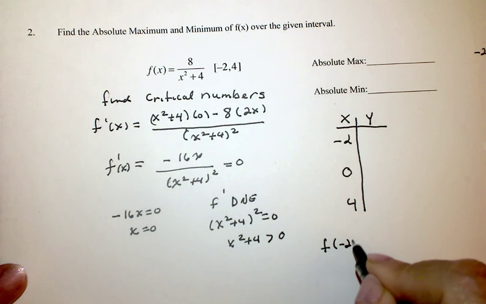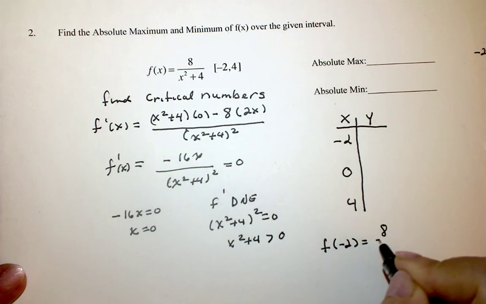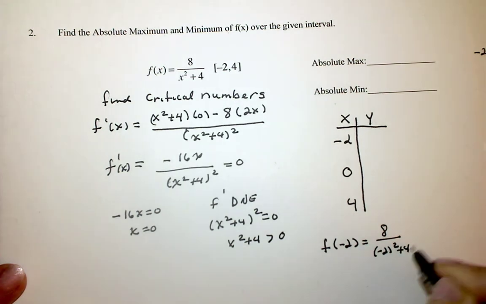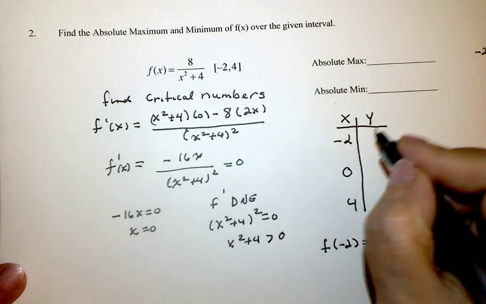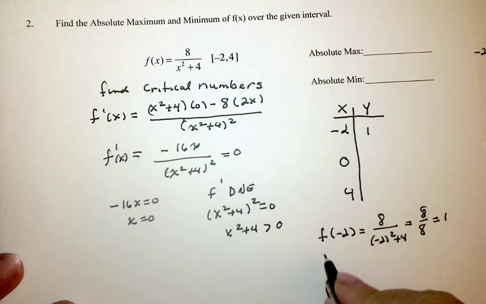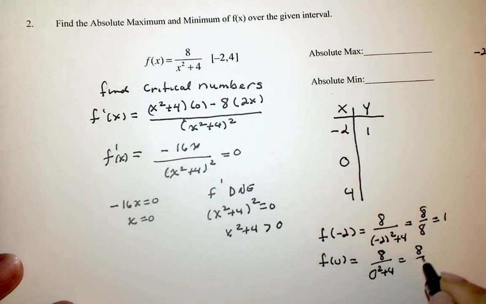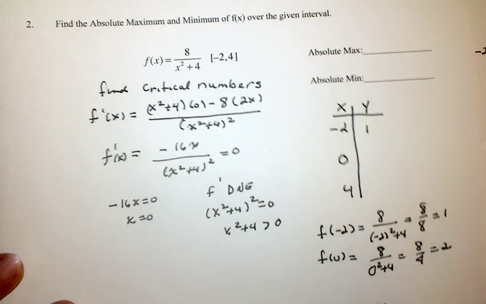F of -2 is 8 over -2 squared plus 4, which is 8 over 8, or 1. F of 0 is 8 over 0 squared plus 4, 8 over 4, which is 2.